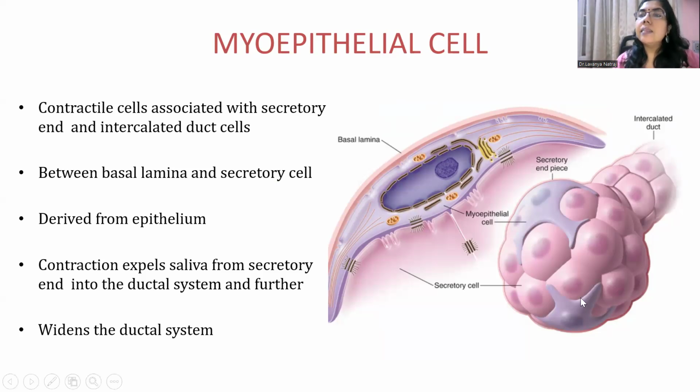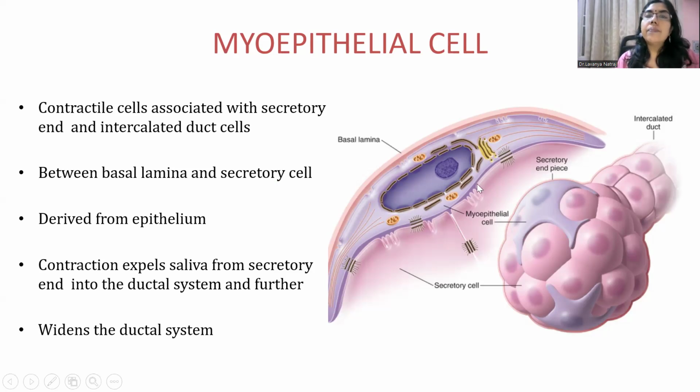As you can see in this picture, the pink colored large ball-like structure is the secretory unit. Mostly it can be serous or mucinous in nature. Can you see some stellate-shaped or basket-shaped cells attached to these acinar cells? These are called the myoepithelial cells, and they are seen adjacent to the intercalated ducts and the secretory unit.